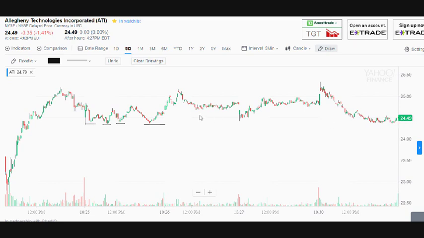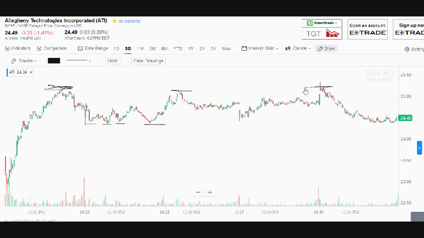So when you see support or resistance, here's one for resistance, a major resistance level right there. It goes back to this price. So based on this, we know that right around 25 or so, the sellers for Allegheny pretty much want to jump in. Up there it is again, right there.